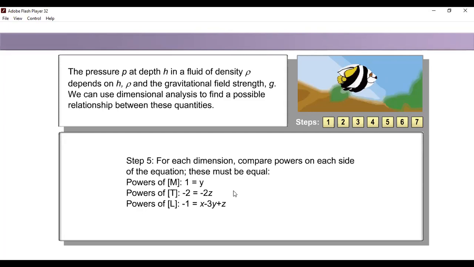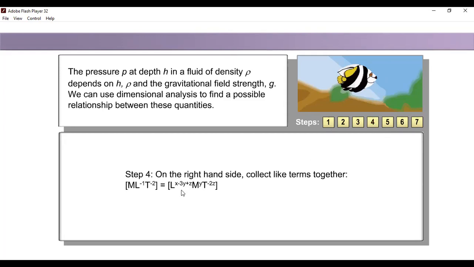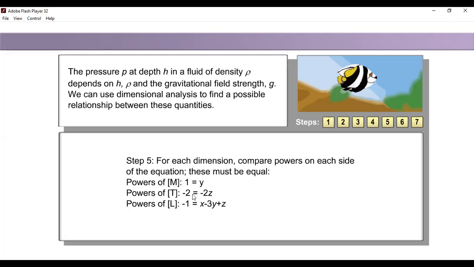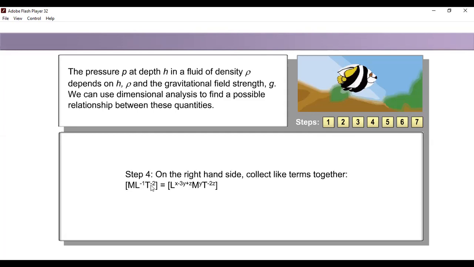By comparing each dimension, compare the power on each side of the equation. They must be equal. Let's say M first. M is equal to y only. That means y is equal to 1. Then negative 2 is equal to negative 2z.